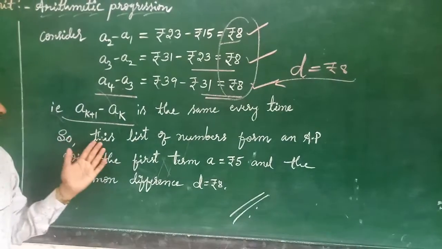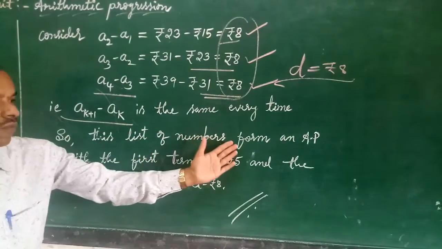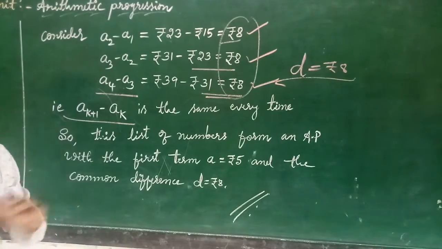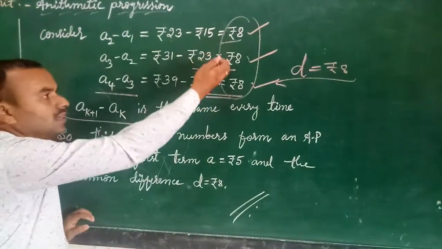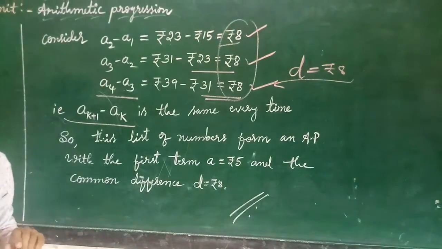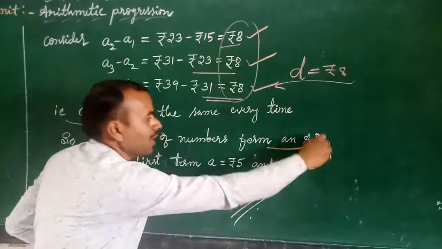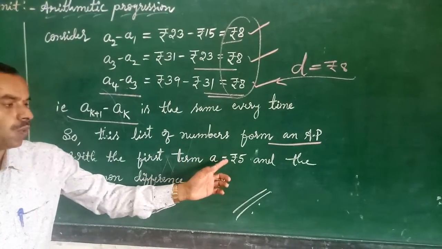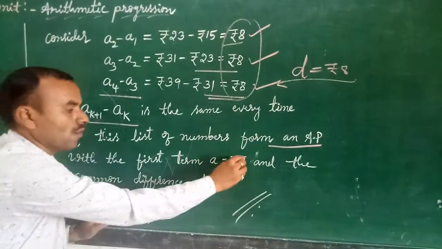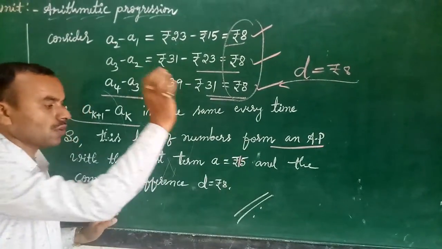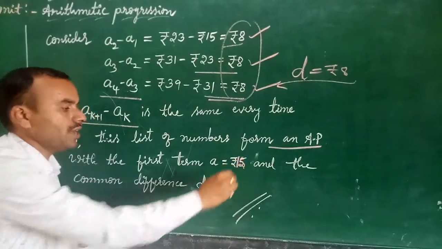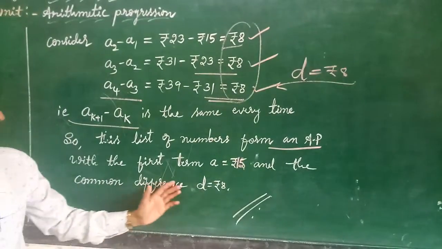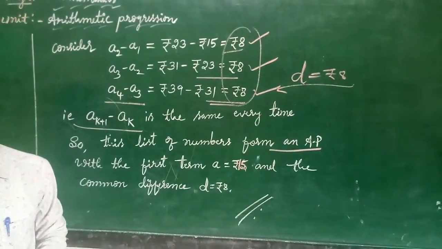So this list of numbers forms an AP because all the differences are constant. So it is an AP with the first term a equal to ₹15 and the common difference d is ₹8.